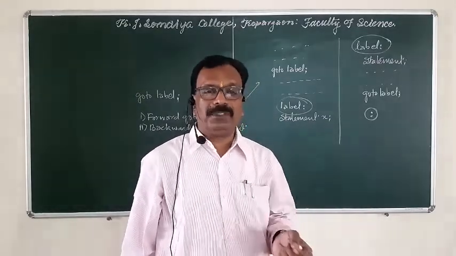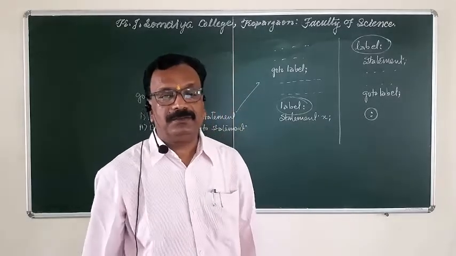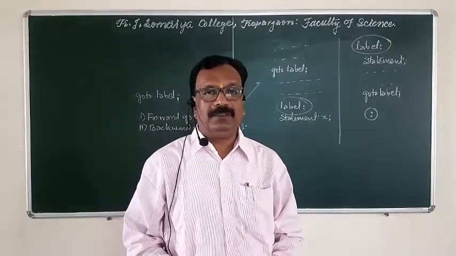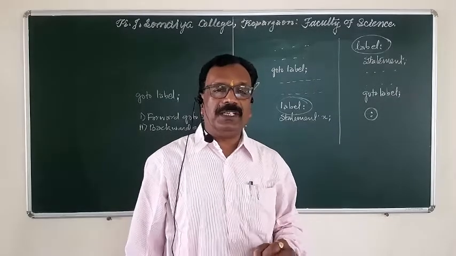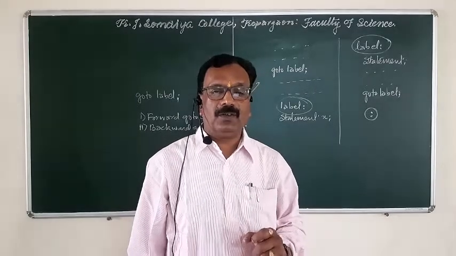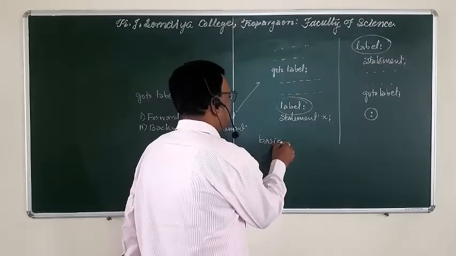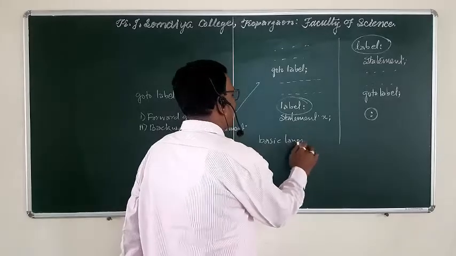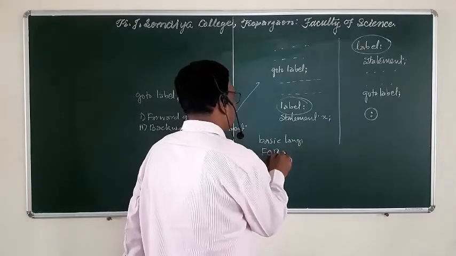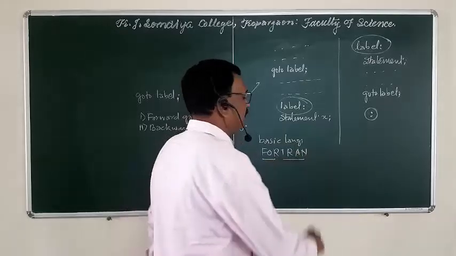All the general purpose programming languages contain the goto statement. It is extensively used in the BASIC language or Fortran language. BASIC is a type of programming language, and Fortran is the abbreviation of formula translation.